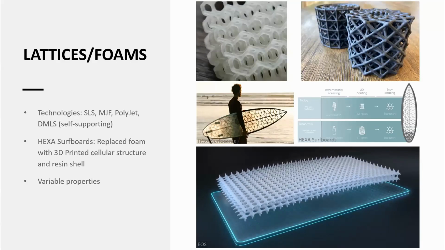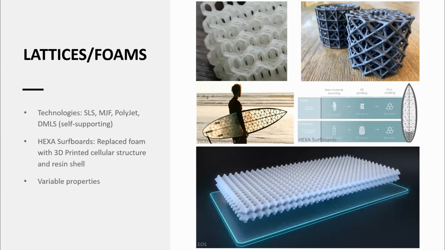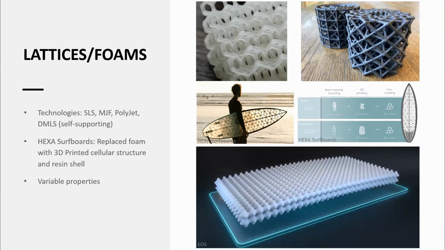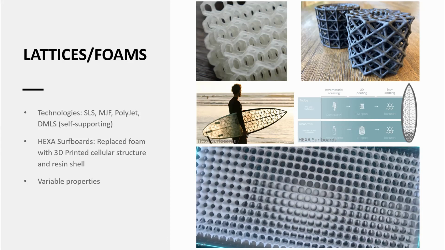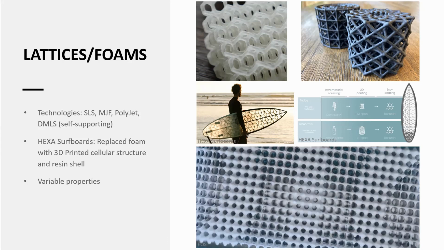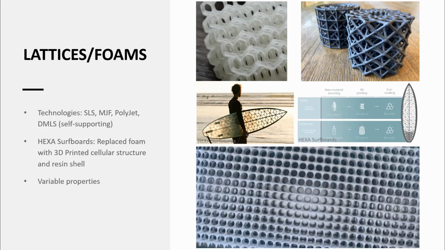Lattices and foams are also a really interesting application for additive that we're seeing used more and more. Now, in contrast to traditionally manufactured foams, additively manufactured foams can have variable properties across the entire structure. So some interesting examples where we've seen this used are the Hexa surfboards, which substituted a traditional foam core surfboard for an additively manufactured lattice, which was printed using bioplastic.